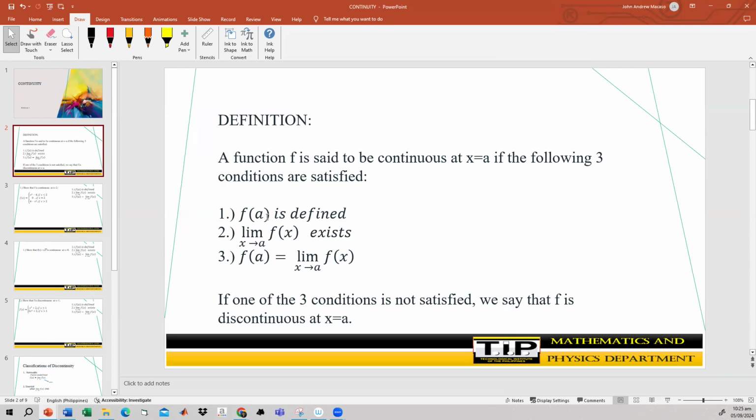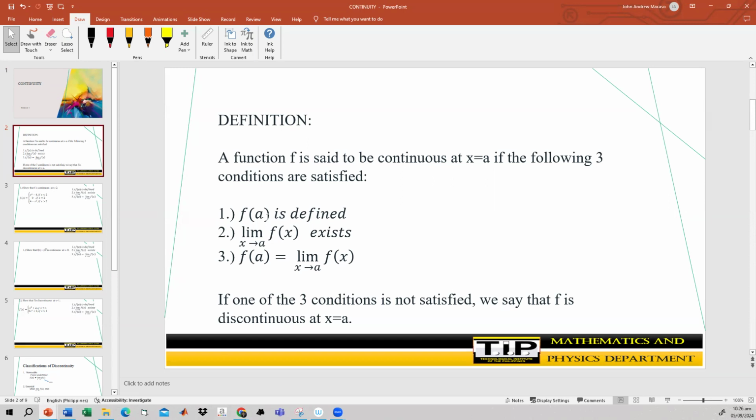Then the second condition is that the limit of f of x as x approaches a must exist. It means that you just need to check the two-sided limit. If the limit from the left and from the right of a exists, and they are equal to one another, then it means that the limit of the function exists at x is equal to a.